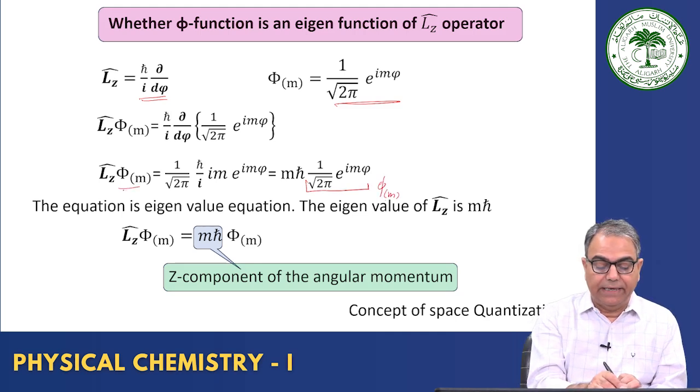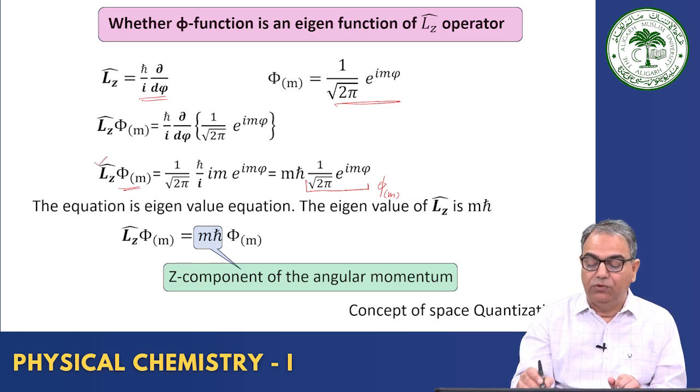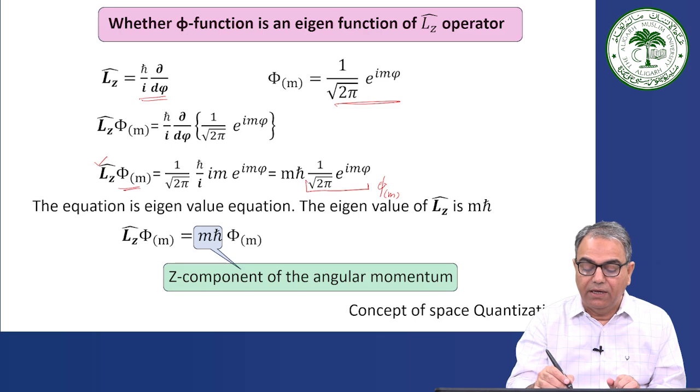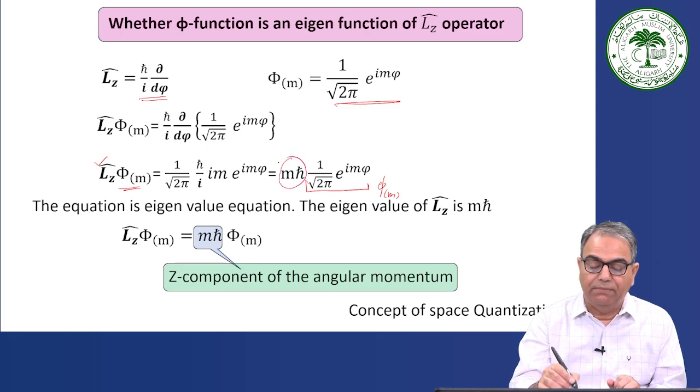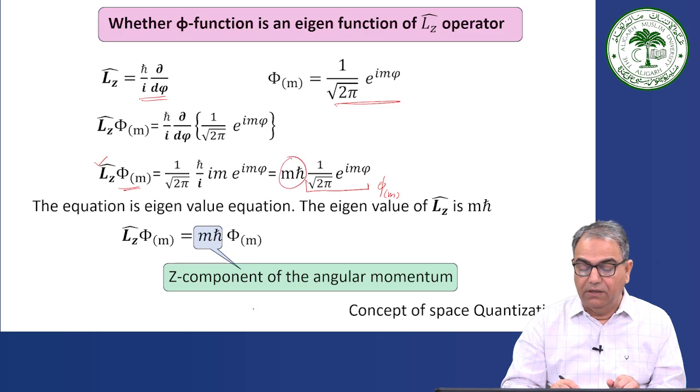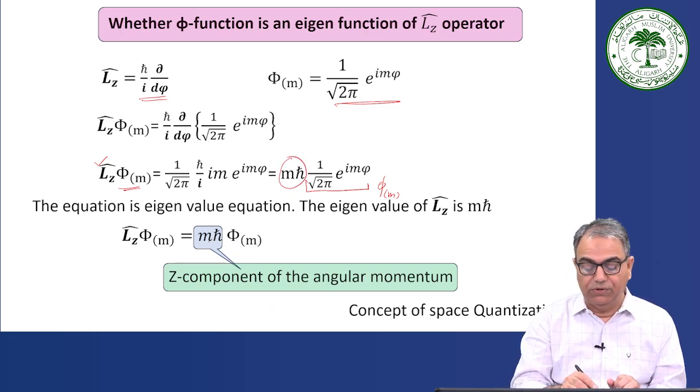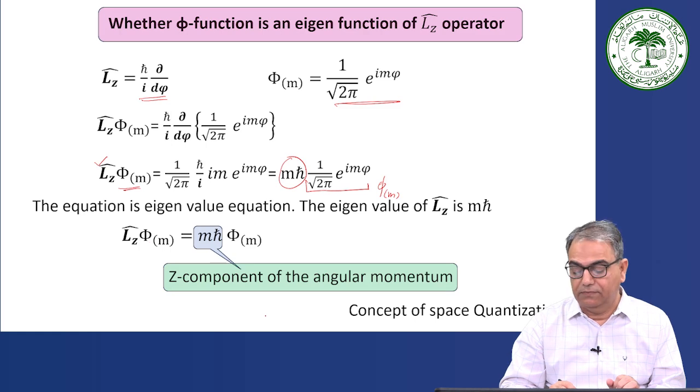You get the function back when you operate with the operator Lz on phi m. You get the function back with the eigenvalue m h cross. So you get m h cross phi m, and so the z component of the angular momentum you can obtain, which is equal to m h cross.